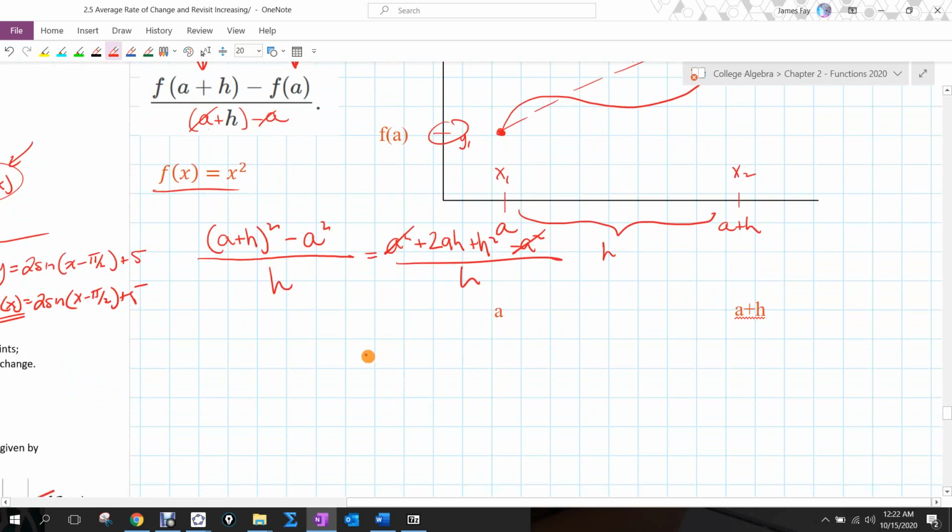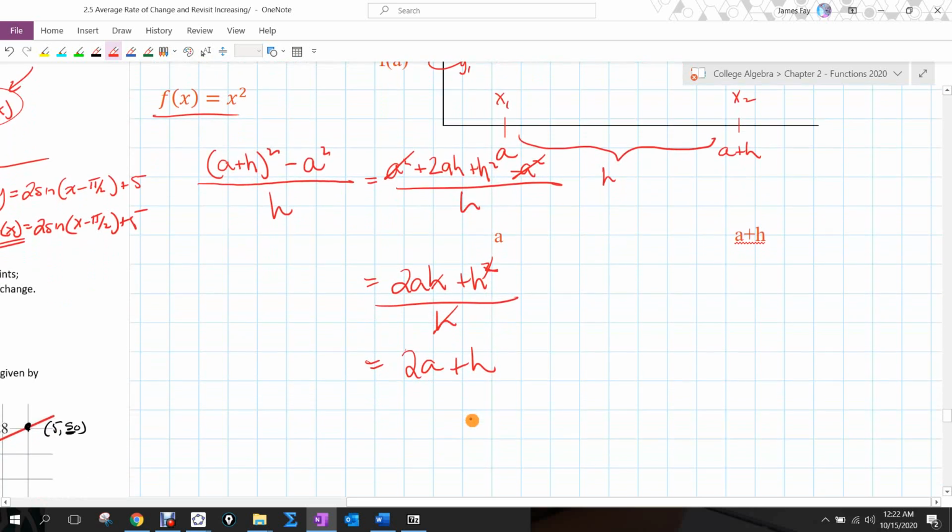So now I have 2ah plus h squared over h. Now all of these have an h in them, so we'll cancel that, and I have 2a plus h left over. That'll be your answer in your homework in this section.